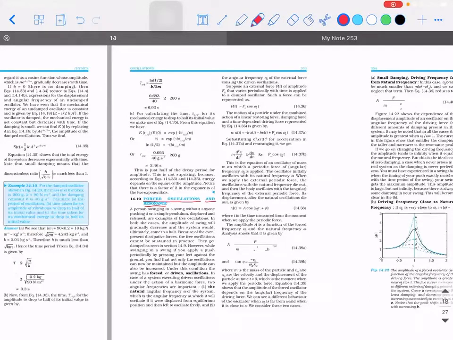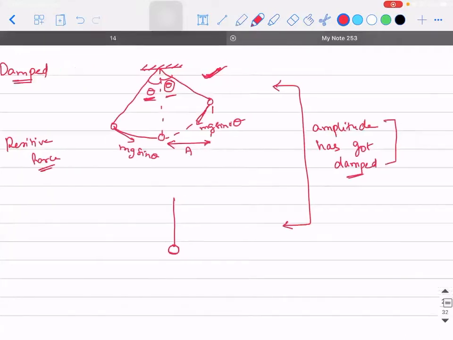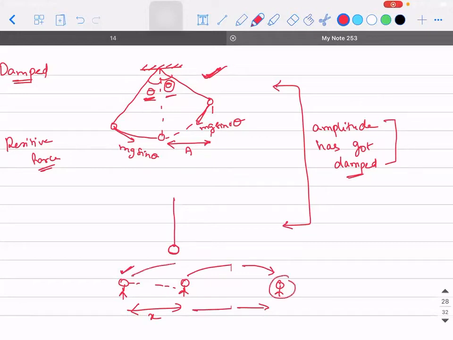See, let me give a more specific example. Let's say your friend is here and you speak to him normally with a particular volume, not shouting. Let's say the distance between you both is x. If your friend goes a few meters away, do you think your voice with the same volume will reach him as clearly?